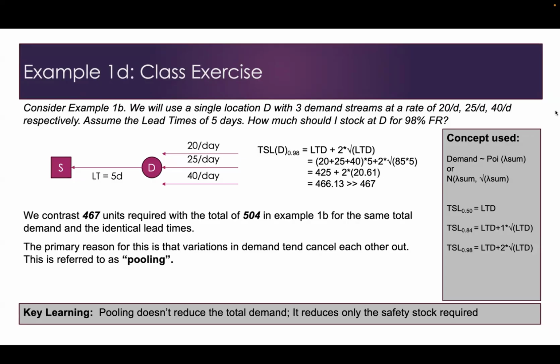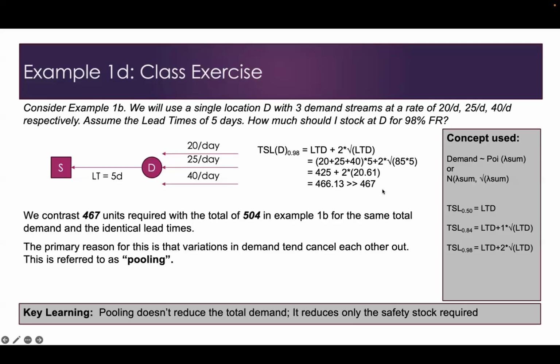Let's calculate how much you should stock at location D to have a 98% fill rate. Because these numbers are additive, it's 20 plus 25 plus 40, so it's 85 times 5, which is 425. That's your lead time demand. Plus 2 times the square root of lead time demand, which is about 20.61. So it comes out to be 467.